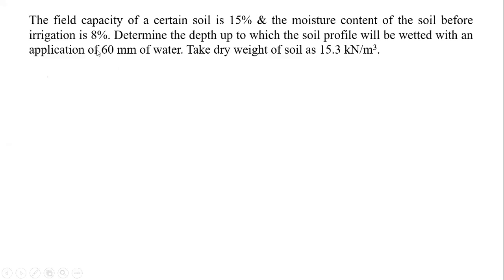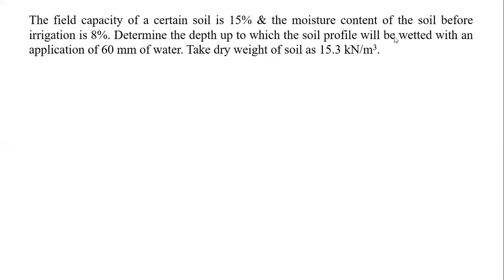And what they asked, the depth up to which, means that d, that is the root zone depth, which we have considered in the previous part, they have asked to calculate, so that the applied water depth will be 60 millimeter. And along with that, they had given us the dry weight of soil as 15.3 kilonewton per meter cube.